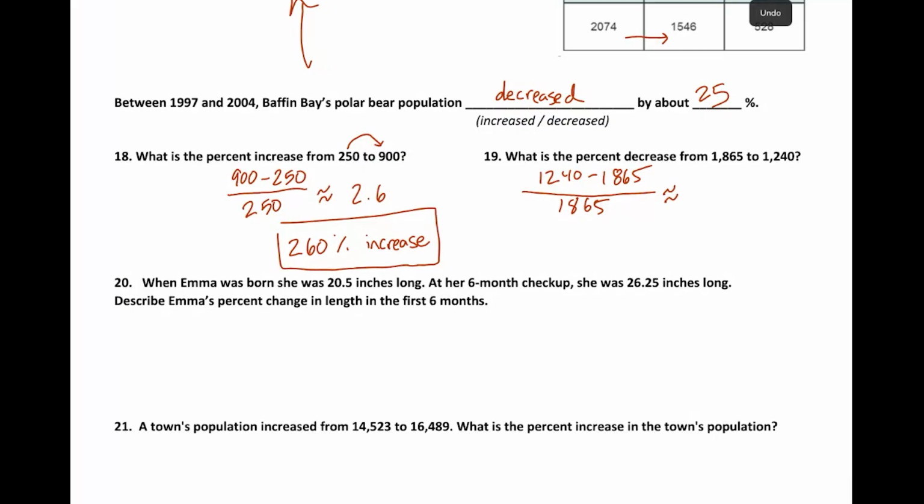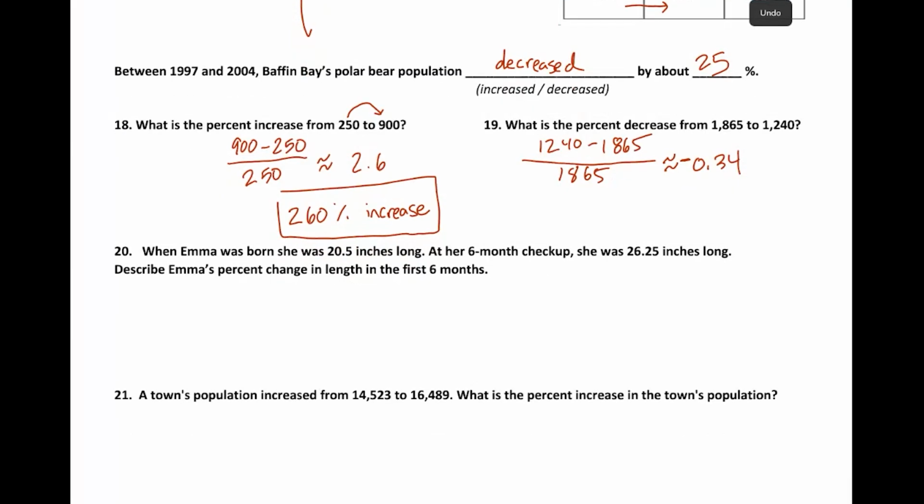Let's go ahead and estimate this, 0.34, or negative 0.34. Now, the fact that it's negative just corresponds to the fact that the number is decreasing. If you have a positive change here, it would go up, a negative goes down. So one way we can describe this is as a 34% decrease.